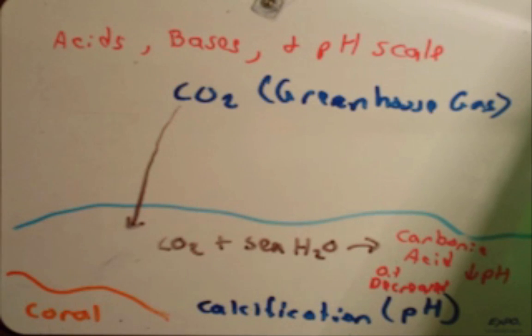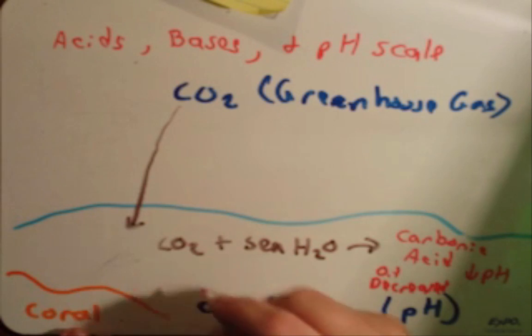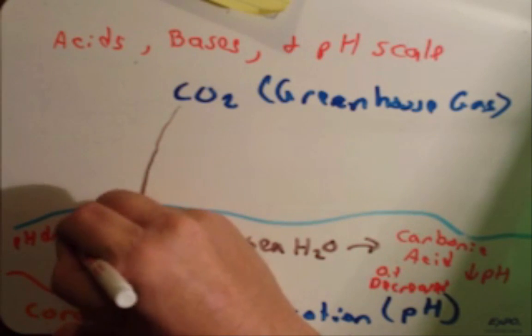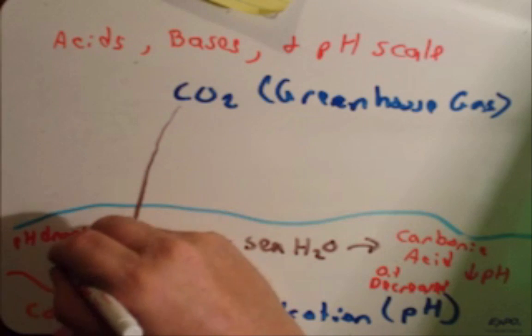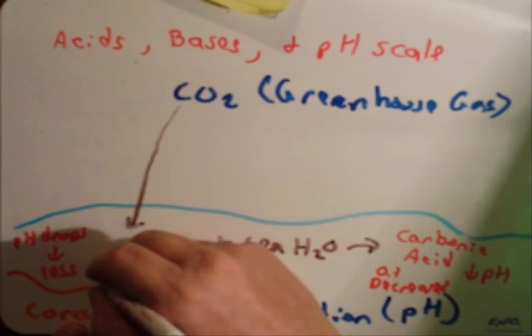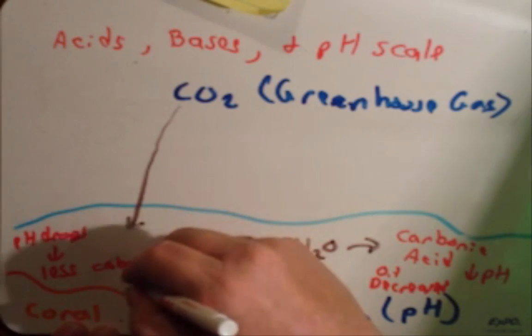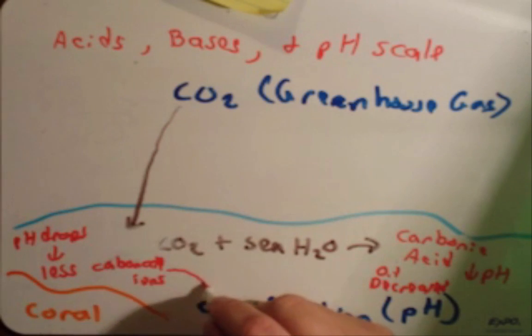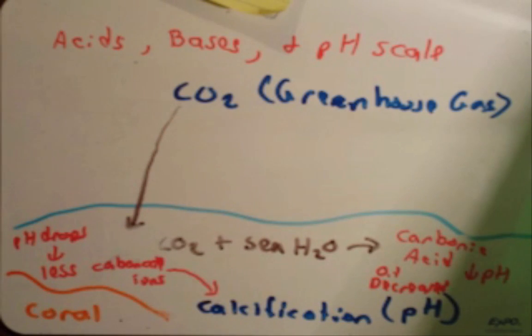Well, it matters because having it be more acidic causes fewer carbonate ions. So let me say that again. As the pH drops, I'll write that over here, pH drops, and that equals fewer carbonate ions. Carbonate ions are what are important for calcification.